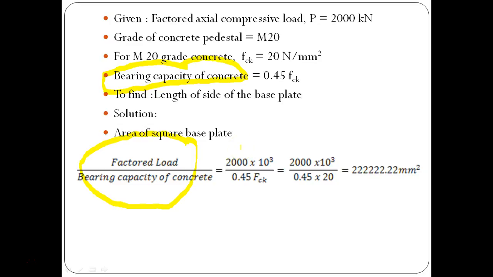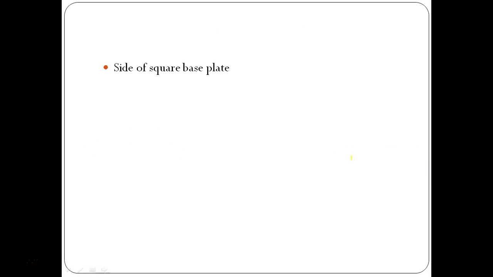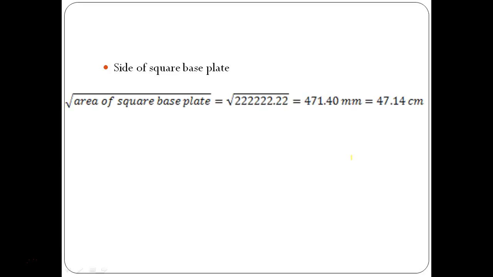So 2000 kilonewton, if we convert into newtons, is 2000 into 10 to the power 3, divided by 0.45 FCK. FCK is already given, that is 20 Newton per mm square. So we will get 222.22 into 10 to the power 3 mm square as the area of the square base plate. Now we have to calculate the side of the square base plate. It is very simple.